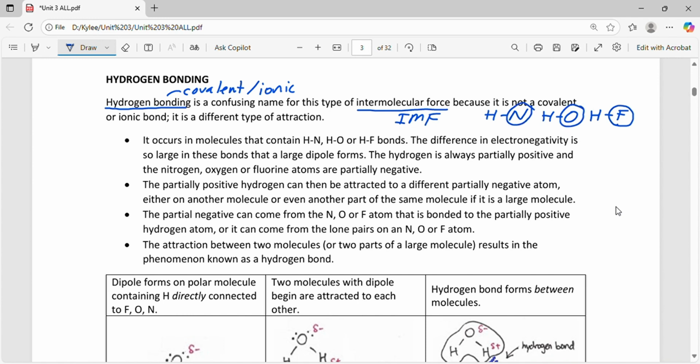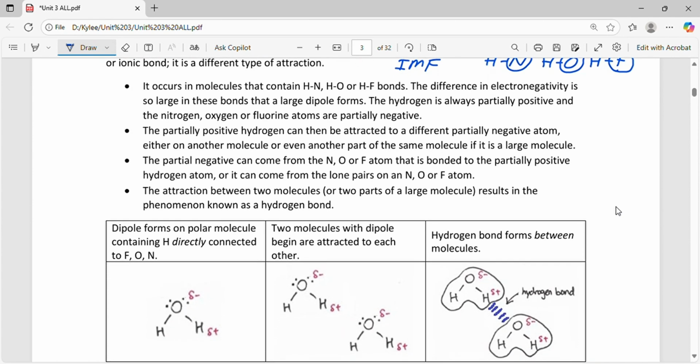They all have to be bonded with hydrogen. That's why it's called hydrogen bond. But I always use the phrase hydrogen bonding is fun, F-O-N. These are the only elements that have this superpolar bond with hydrogen. So again, this is a special, super strong type of dipole-dipole that gets its own special name.